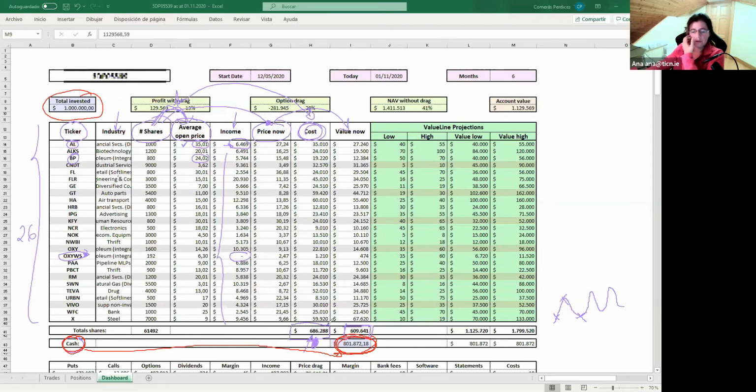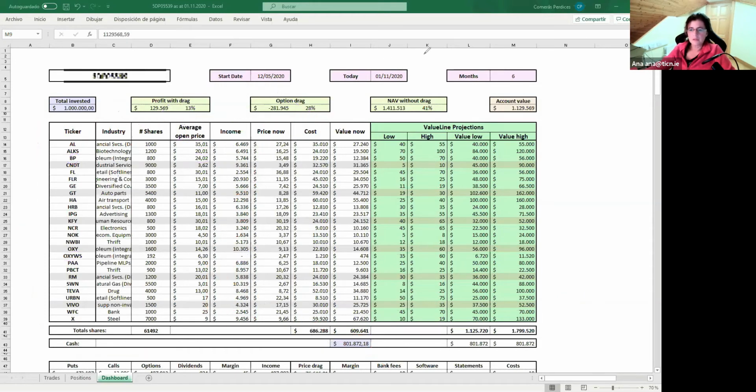Look at this. The amount of money spent to invest in the shares is 686, but still we have 801, which is 1.4, 400,000 more than we have invested because we're using the money that we get from the income here to buy shares. So we're having all this money that we're using to buy shares.